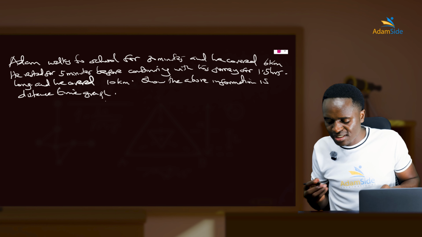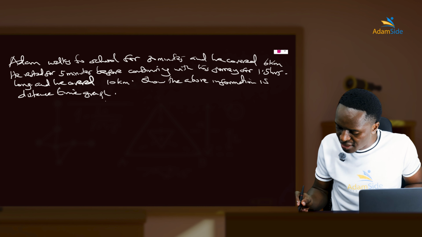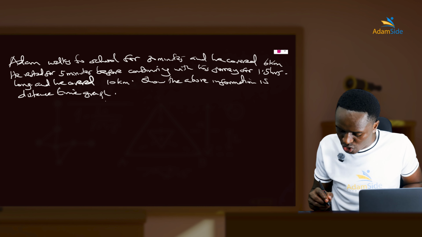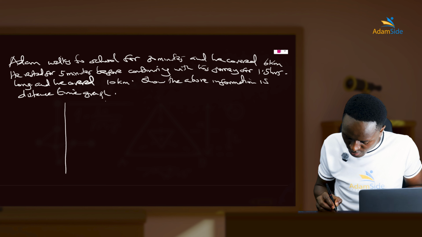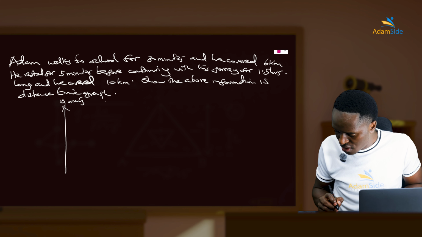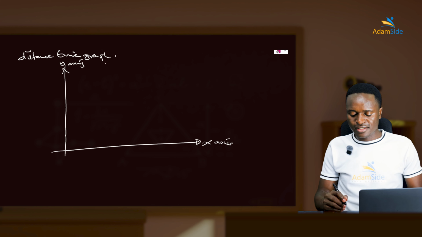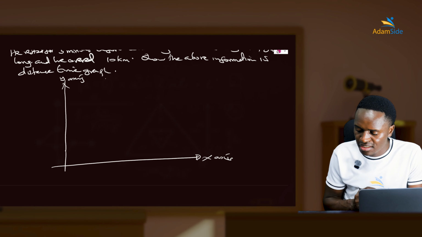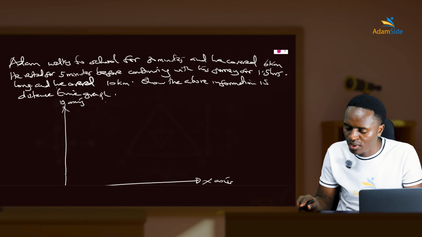To show this information in a distance time graph, we just need to understand how many kilometers Adam did in total. There are 16 kilometers. So we can have our y-axis and our x-axis. The time is 1.5 hours and 30 minutes.